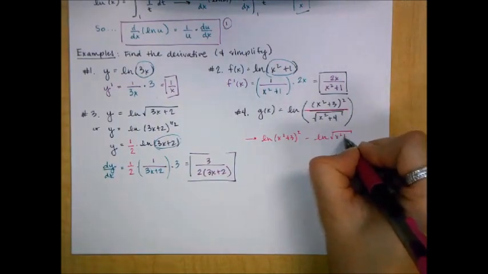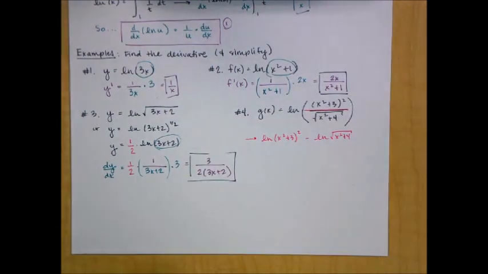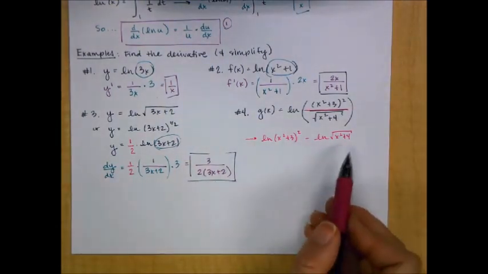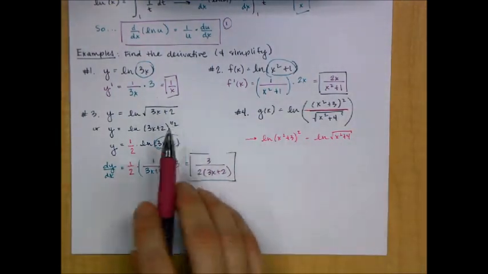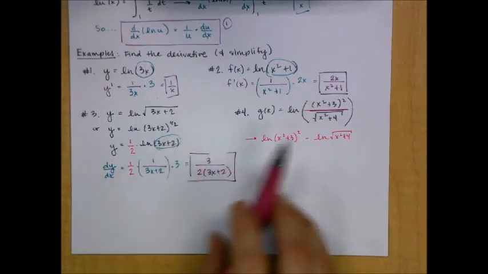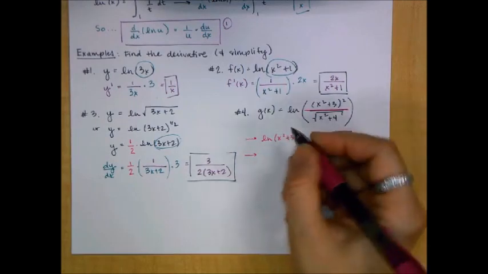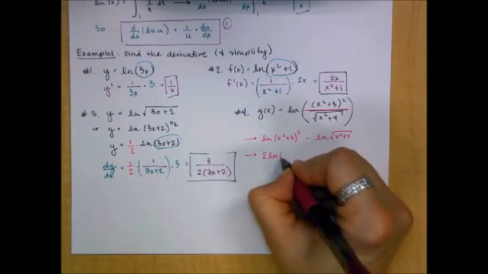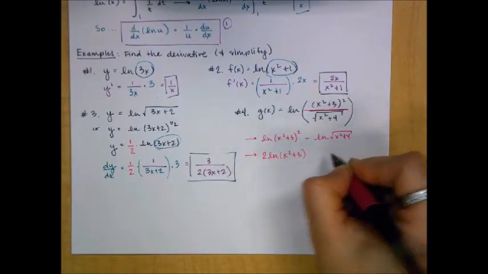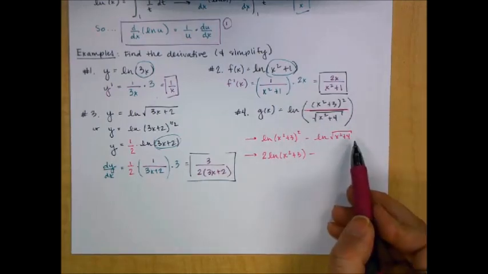Each of them now have an exponent, and I can use my power rule, like in number 3, and bring that exponent in front. So the first one here, we bring 2 in front, natural log of x squared plus 3 minus square root is a half power, so 1/2 natural log of x squared plus 4.